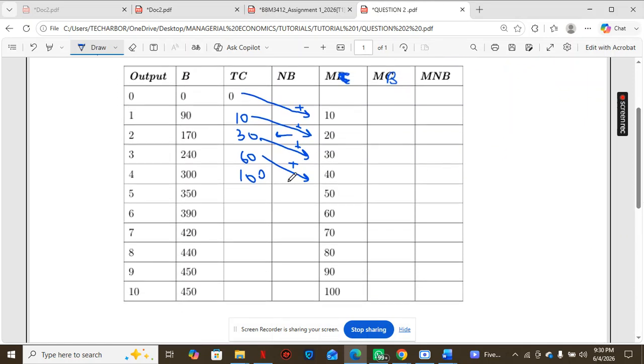Then 100 plus 50, that will give you 150. 150 plus 60, you're going to get 210. 210 plus 70, you get 280. 280 plus 80, you get 360.